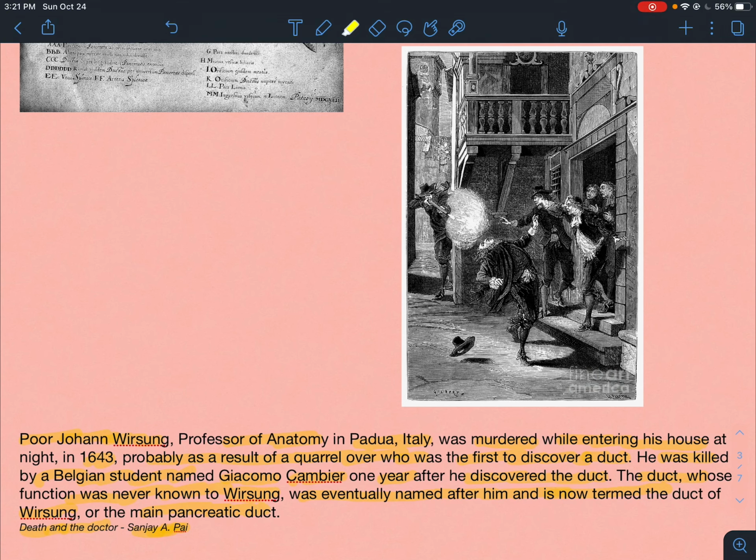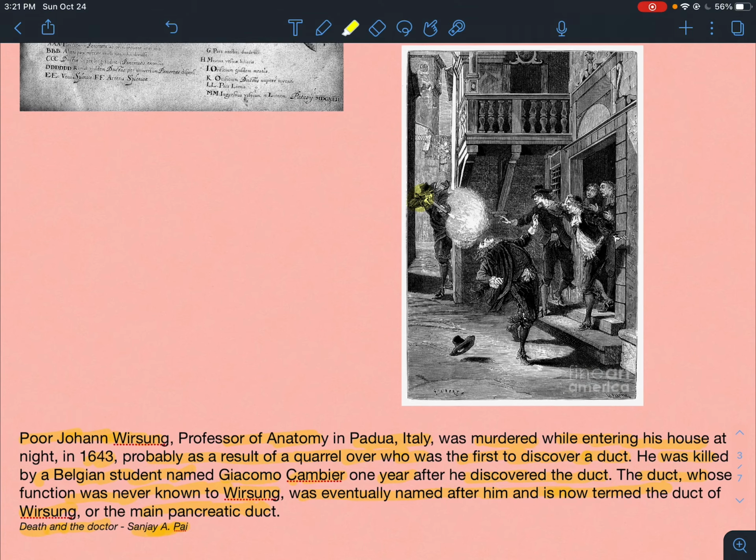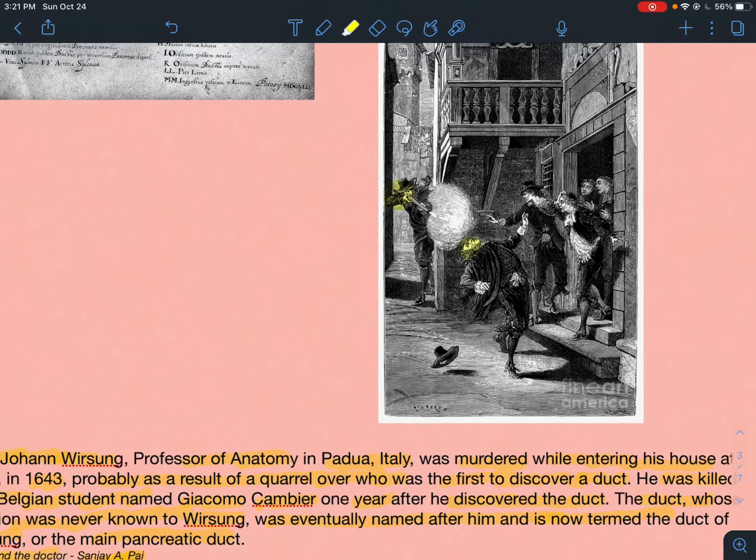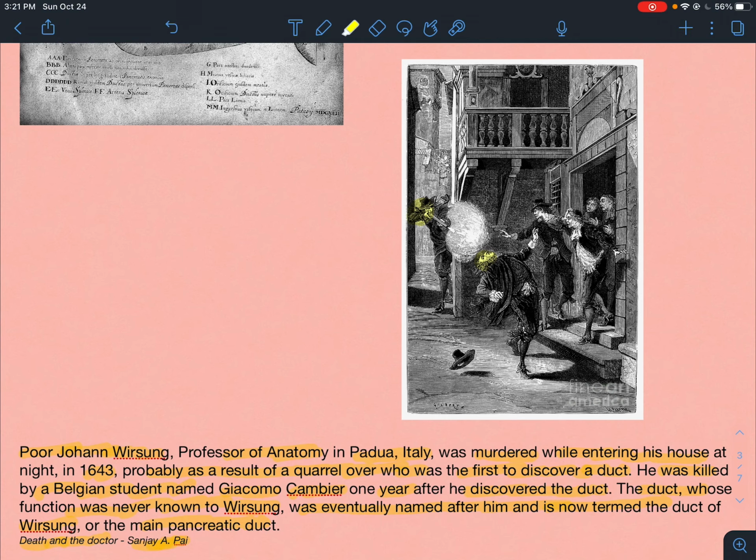So here is Giacomo Cambier shooting Wirsung over a scientific dispute.